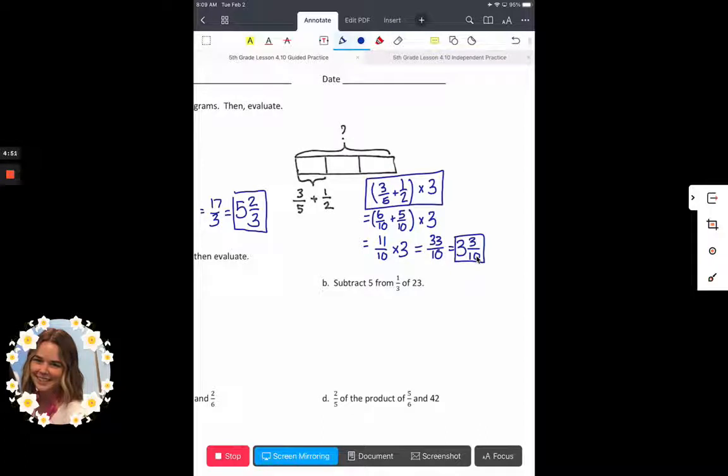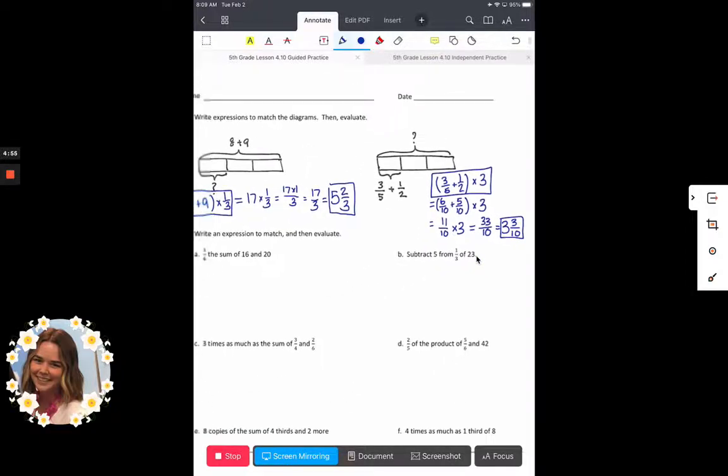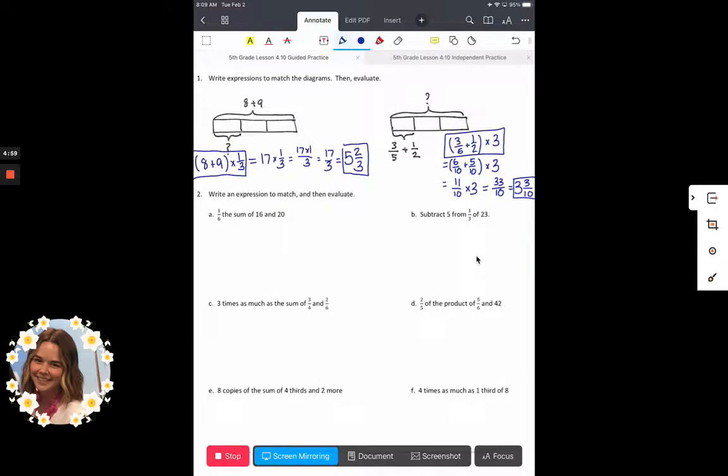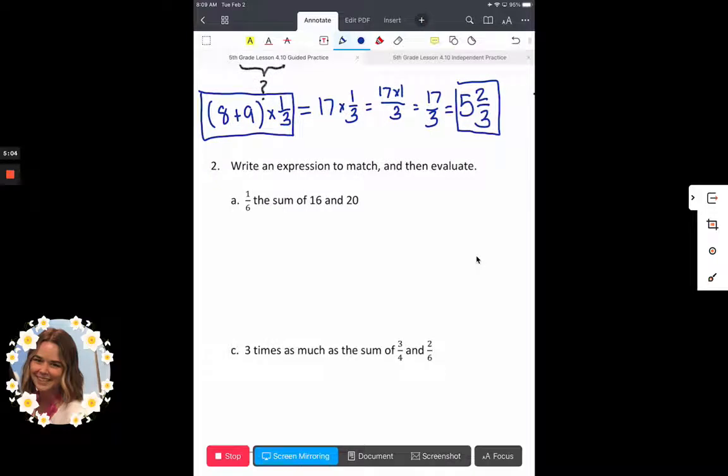All right, so let's take a look at some of these written out expressions in word form. We'll start with A. A says 1/6 the sum of 16 and 20.